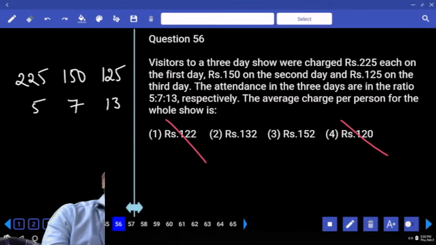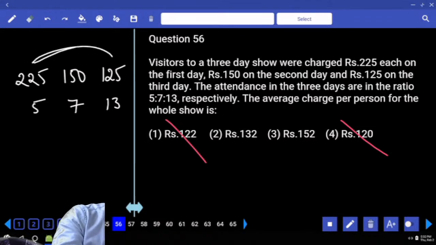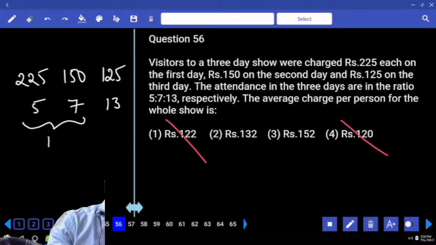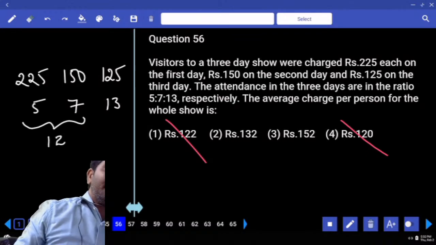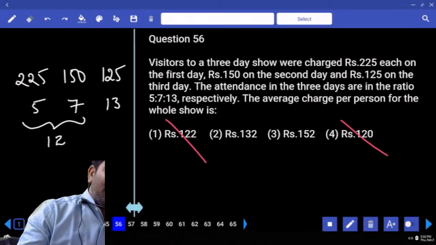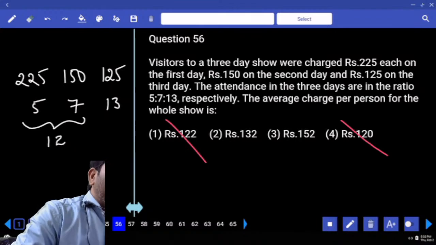With respect to these 2 numbers, the difference is 25, and here the difference is 100. Huge difference is there, right? With 125, how many people are there? 13 people. But with the huge difference, there are 5 members, and the other 2 have only 12 members. 12 members have the huge difference, and 13 members have 125.